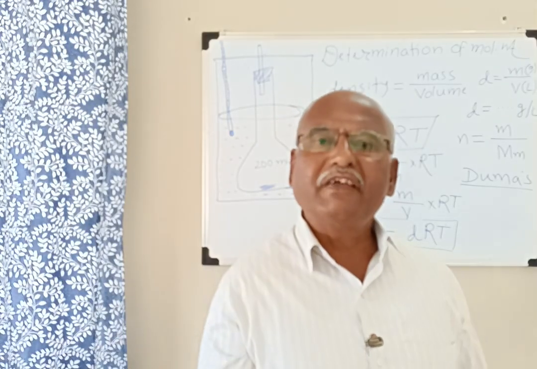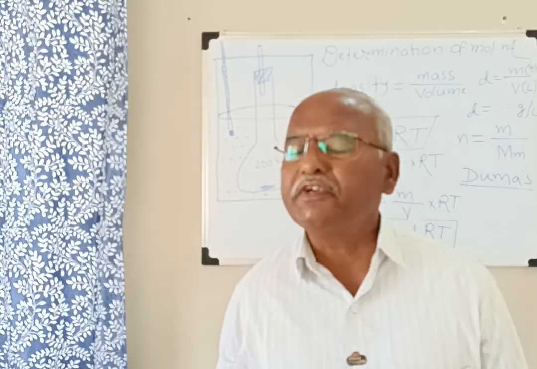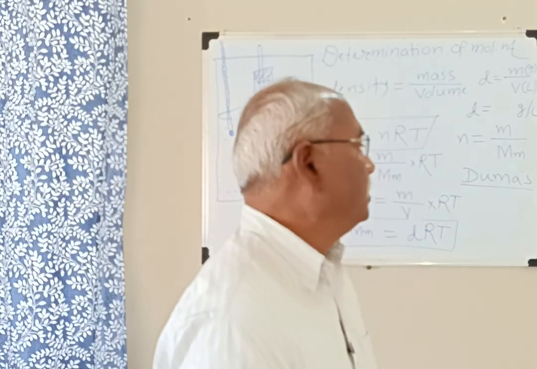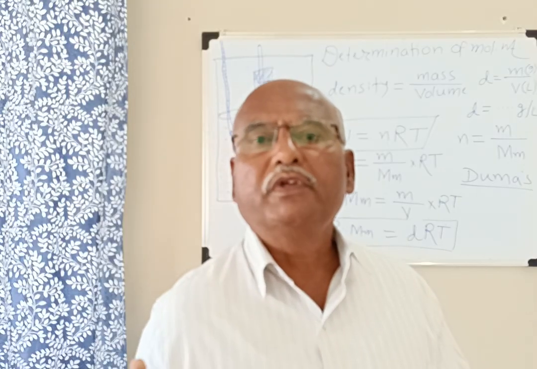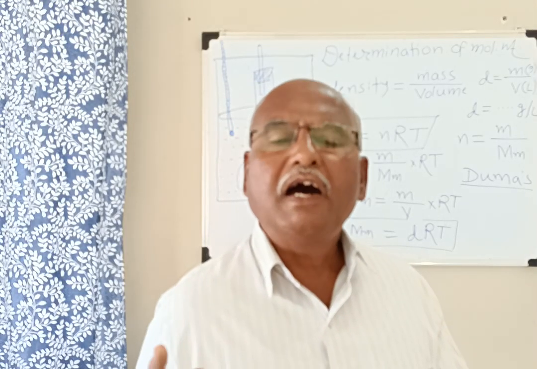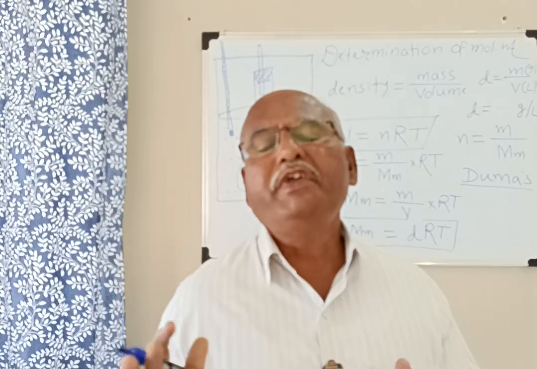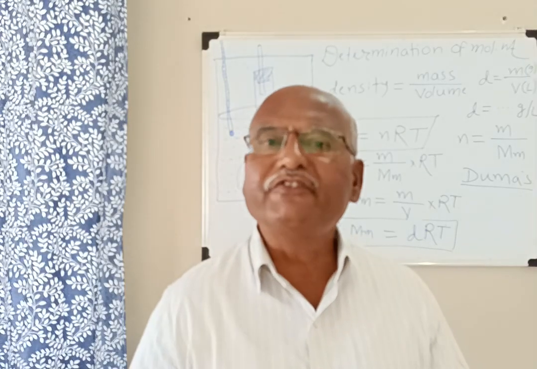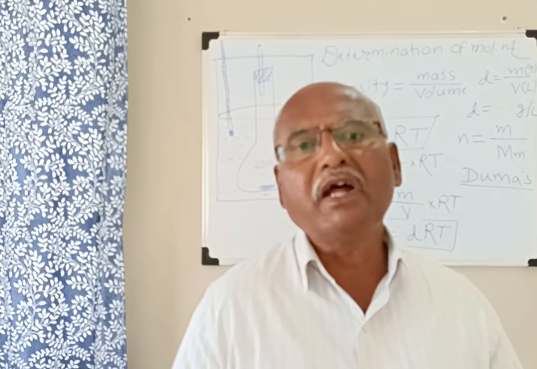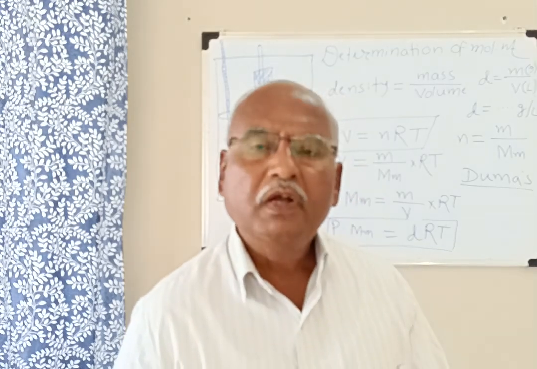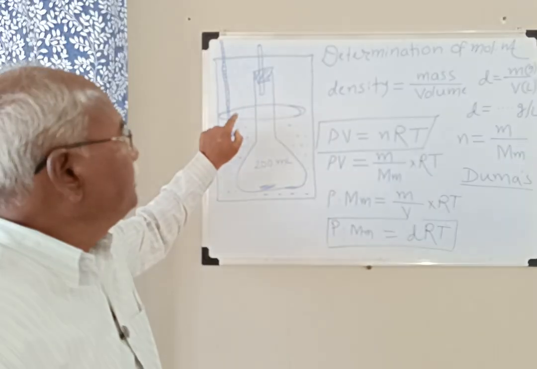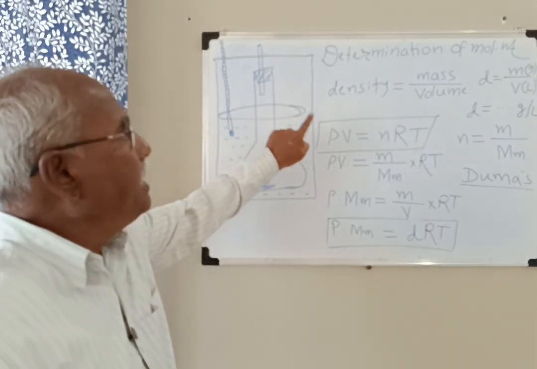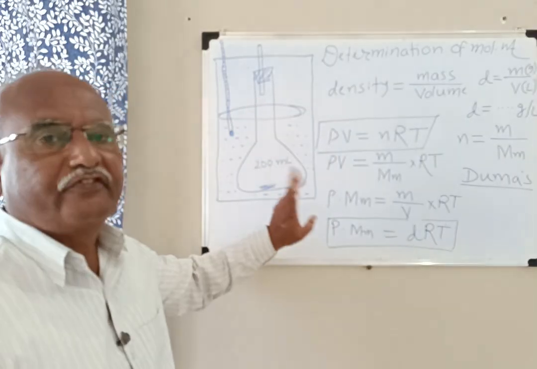So, petrol, ether, alcohol are the compounds having low boiling points. They are volatile liquids. Their molecular weight is determined by this experiment and these equations.